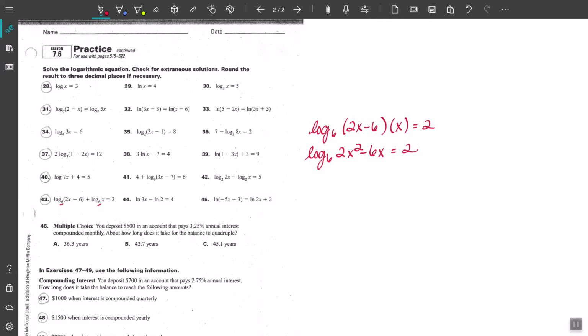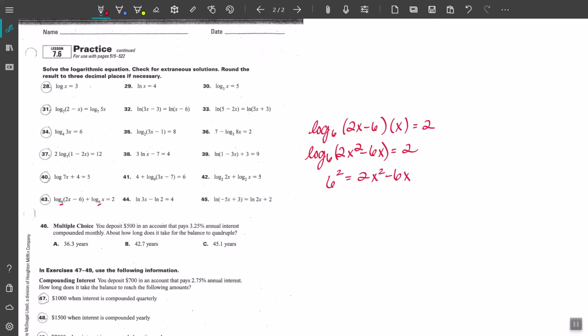And then from here, we can go into our exponential notation. We have everything condensed as far as we can, so I'm going to write the base, that's 6 raised to the second power, is going to equal this right here. I probably should have kept that in parentheses to make that a little clearer.